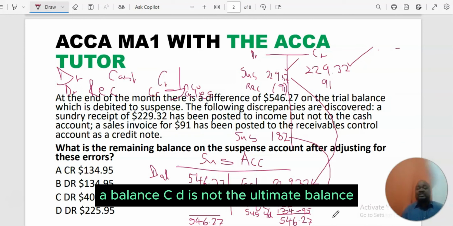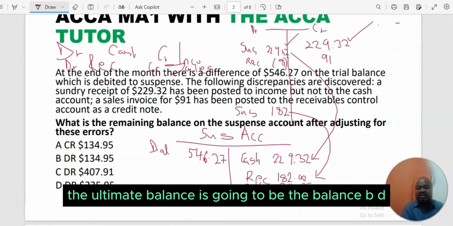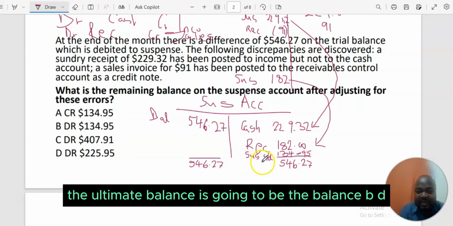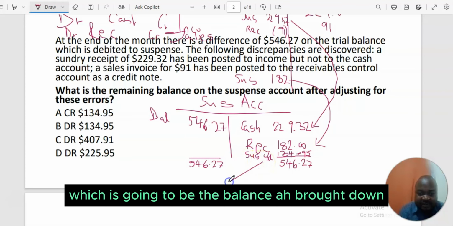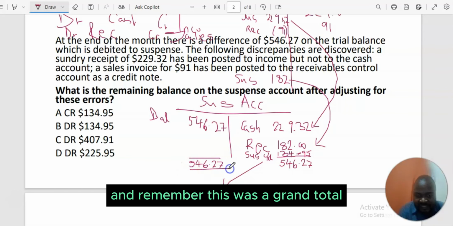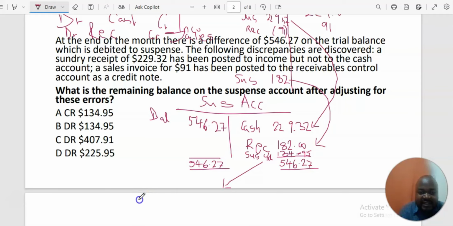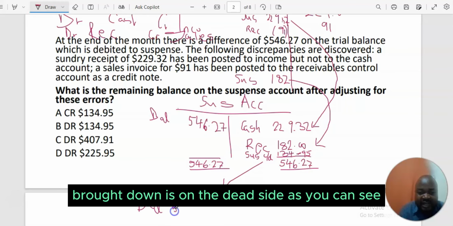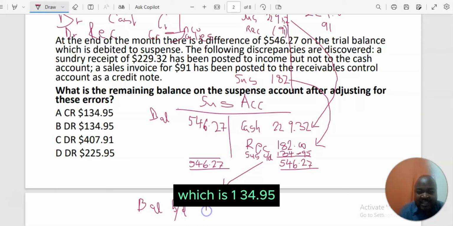However, a balance CD is not the ultimate balance. The ultimate balance is going to be the balance BD, which is going to be the balance brought down. And remember, this was a grand total. So the balance brought down is on the debit side, as you can see, which is 134.95.